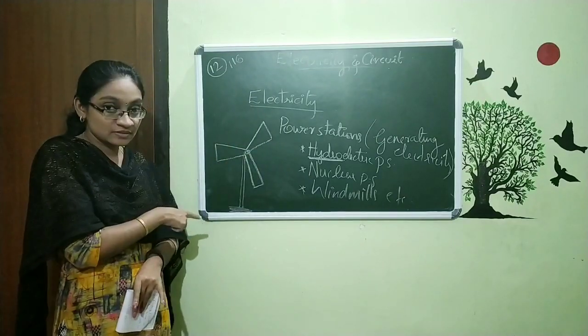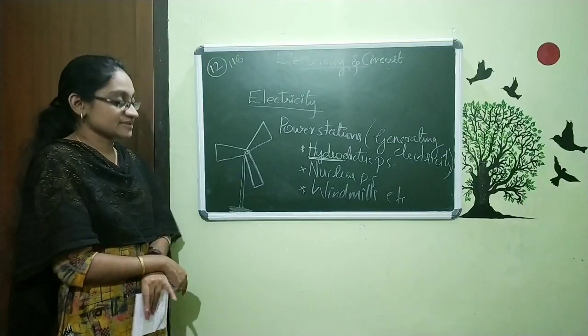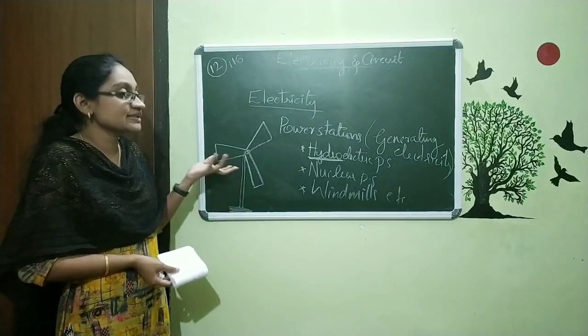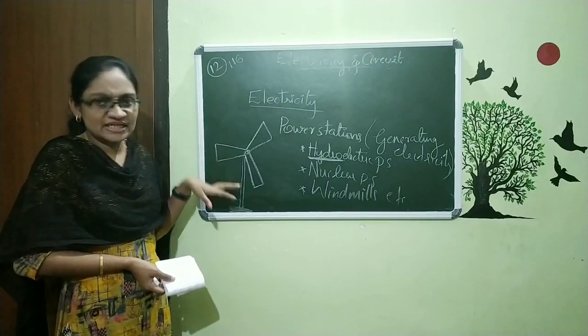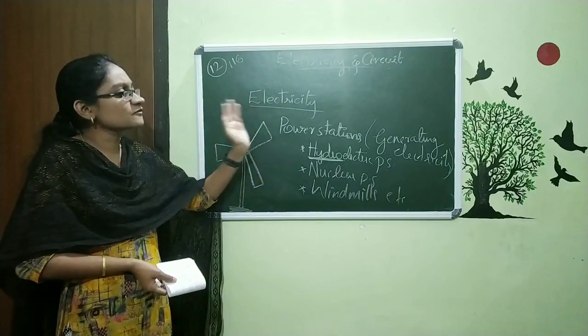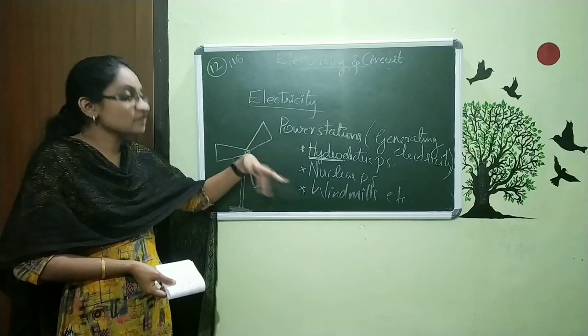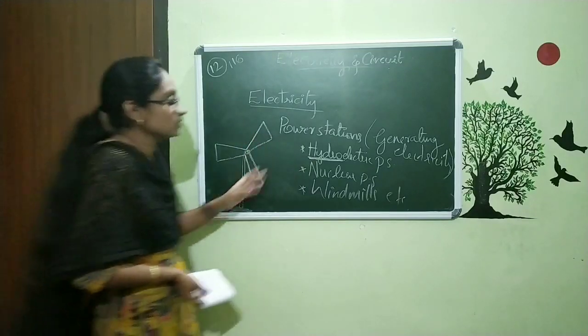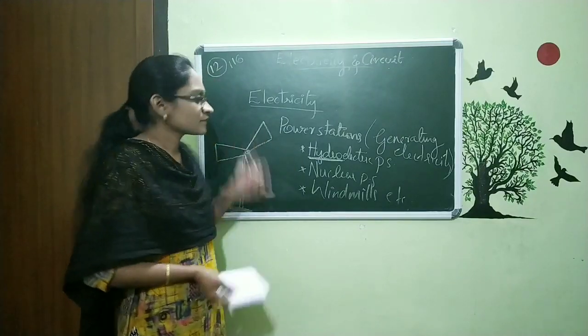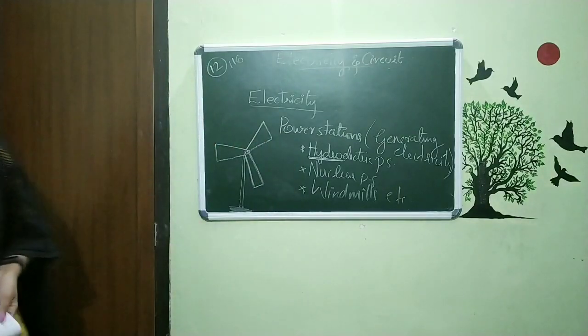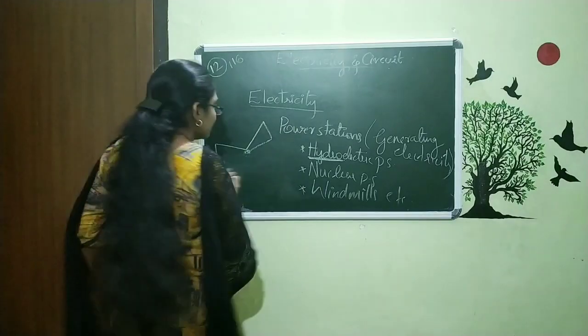It generates electricity. So this is also a type of electricity generation. So the hydroelectric power station, the nuclear power station, and the windmills are there. Just remember where we are generating electricity.